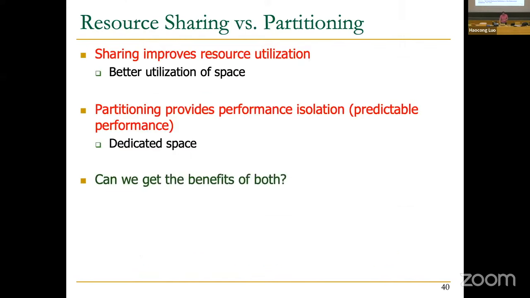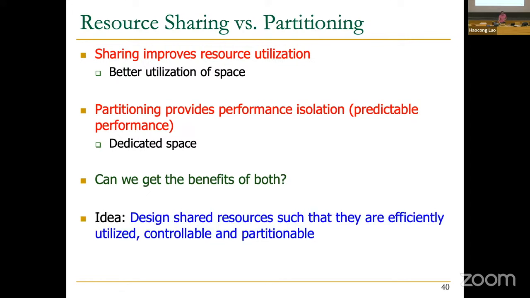Okay, I could go on and on, but unfortunately, we're not going to go into how to do that. Basically, resource sharing and partitioning are at odds with each other. Sharing improves resource utilization, for example, better utilization of space. Partitioning provides performance isolation or predictable performance because it dedicates space to a single thread or a single core. The key question is, can we get the benefits of both? And the idea is basically to have sharing in the resources, but design mechanisms in those shared resources such that they're efficiently utilized, controllable, and partitionable.